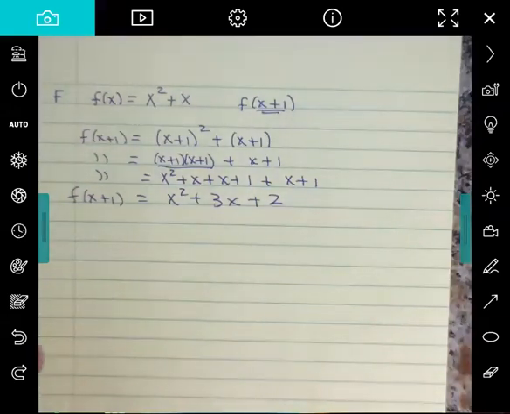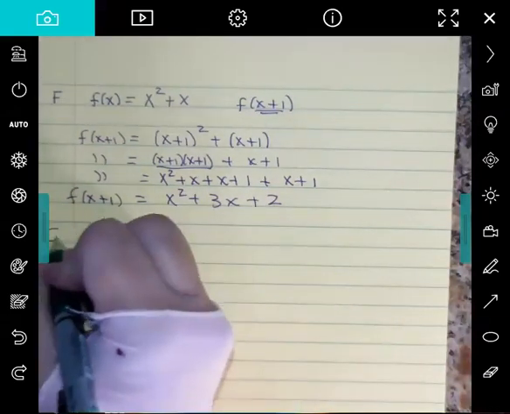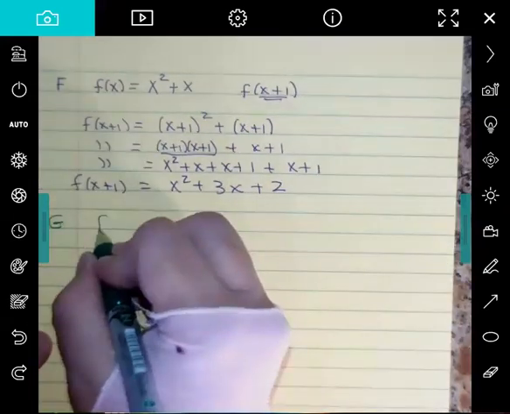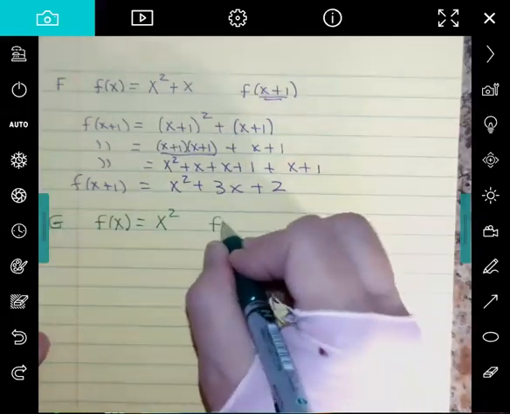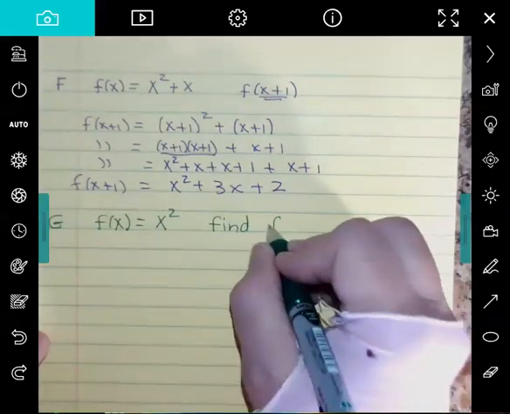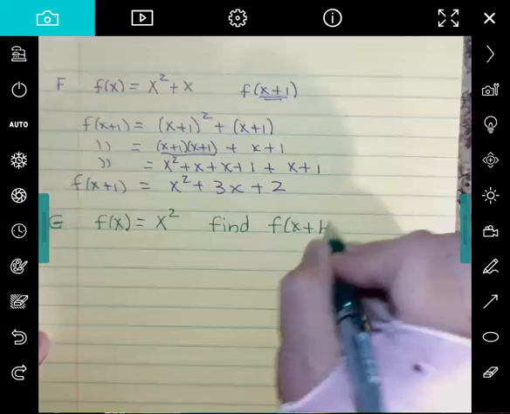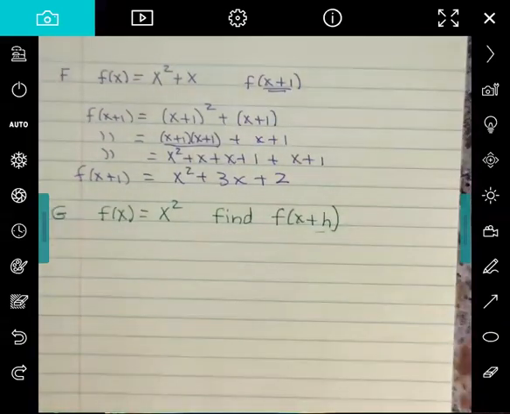Okay. Just have a couple more. Well, 3 more, I think. G is f of x equals x squared. Find f of x plus h. And this is really something you're going to do in calculus as you start to learn about limits, which means approaching things, right? Getting close, but not getting there.